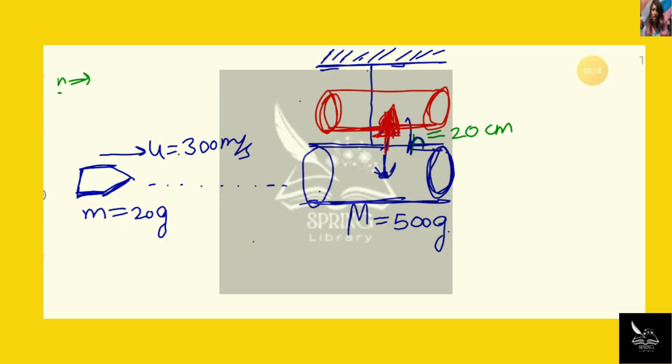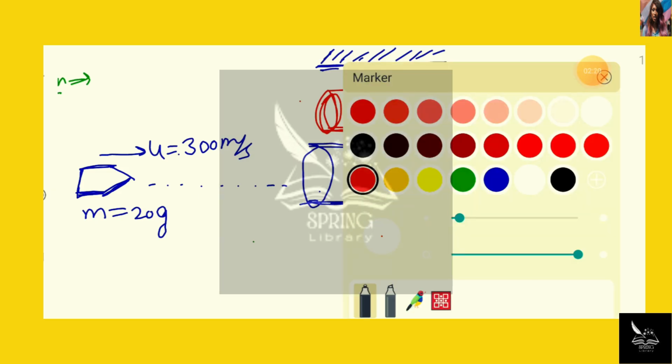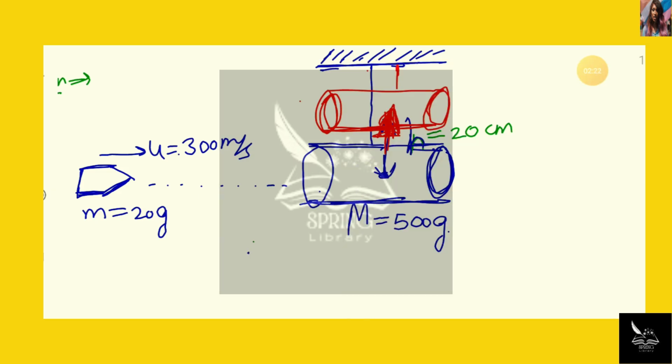One more thing also happened: after collision the bullet emerged out with a speed, as you can see in the figure. Consider that v is the final velocity, which I assume to be v.